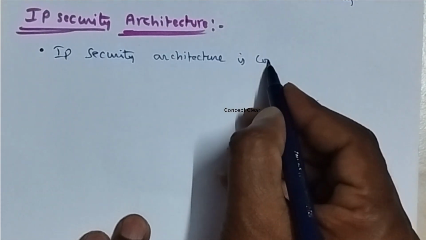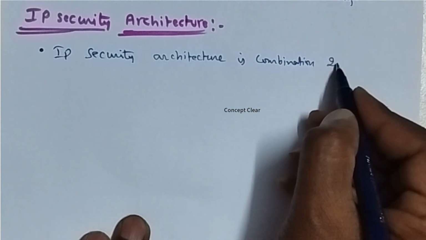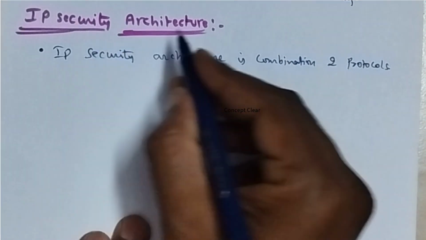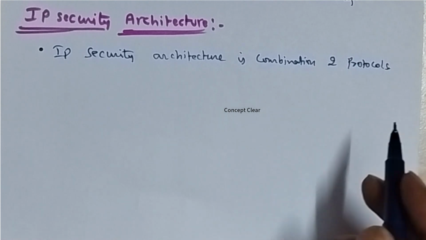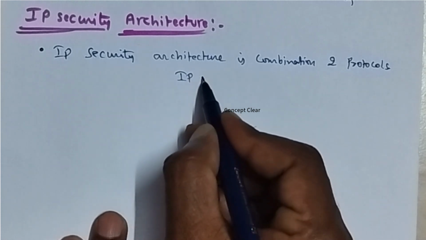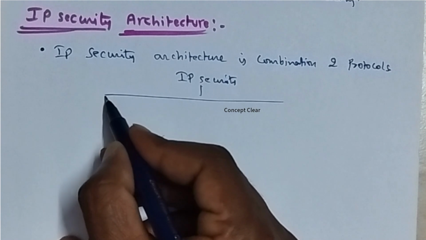This combination of two protocols means what? To implement IP security, we need to implement two protocols. What are the two protocols? IP security contains two protocols.